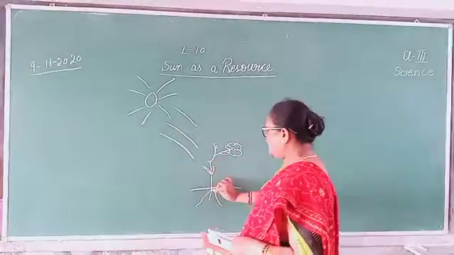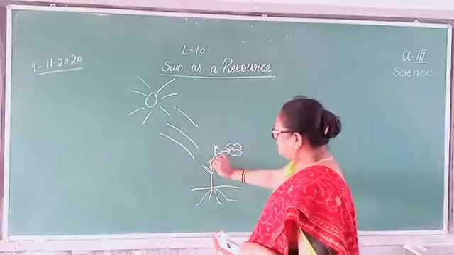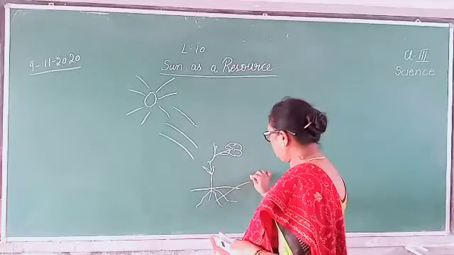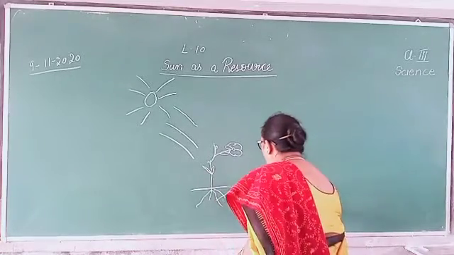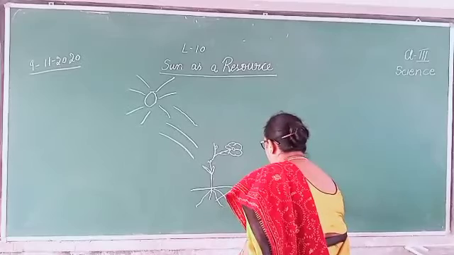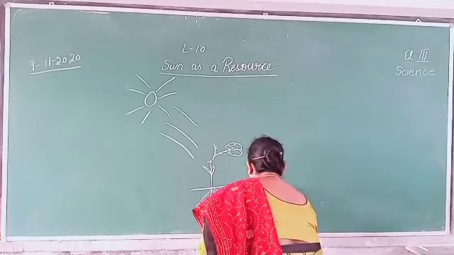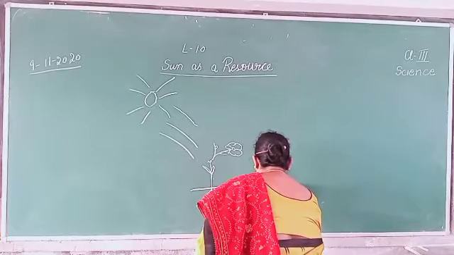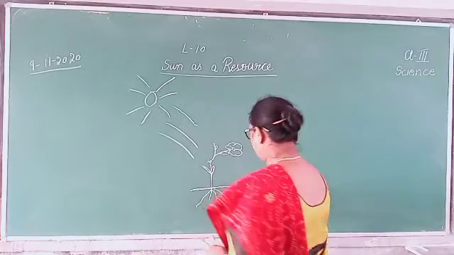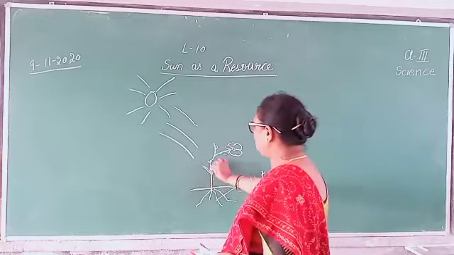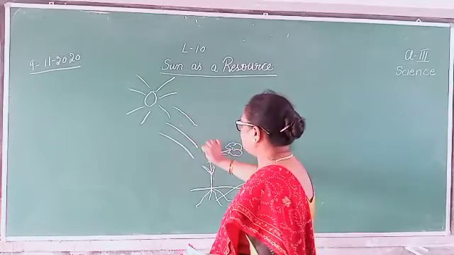This is a plant. When the sun rays fall and we pour water in the soil, when we give water and manure, the plants grow, and it gets sunlight.